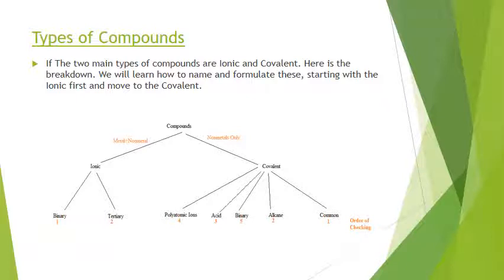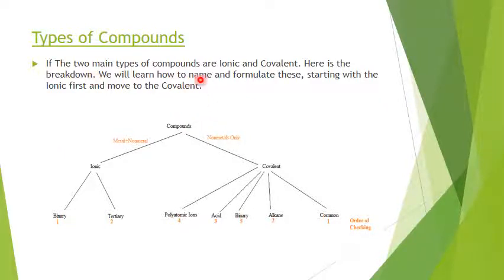Okay, so I told you that there's two types of compounds, ionics and covalents. So let's take a look at this diagram. Just like the other diagram, it's kind of a tree diagram, or a decision-making diagram as well.